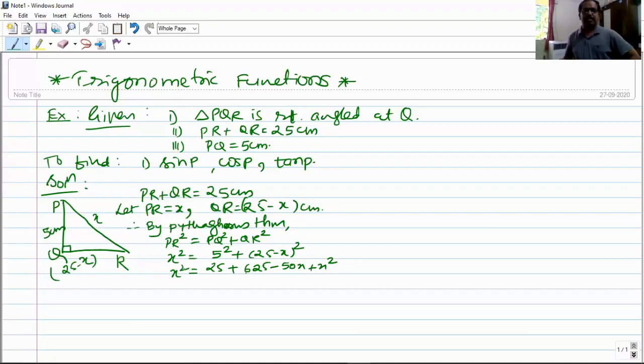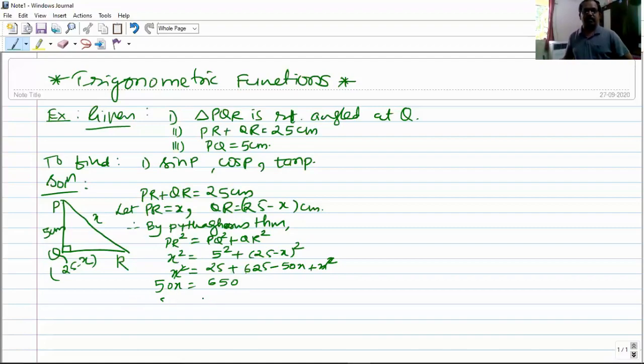As in this equation we have the similar term on both sides, this x square will get cancelled. To get the value of x, take the term of x to the left side, it becomes 50x. Since it is minus 50x on the right side, if I take it to the left, it becomes plus 50x, and 25 plus 625 is how much? This will become 650, right? So how much is the value of x from it?